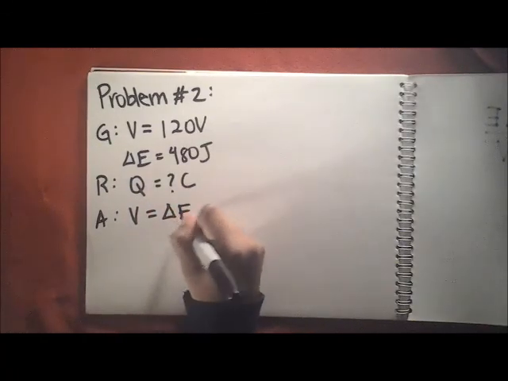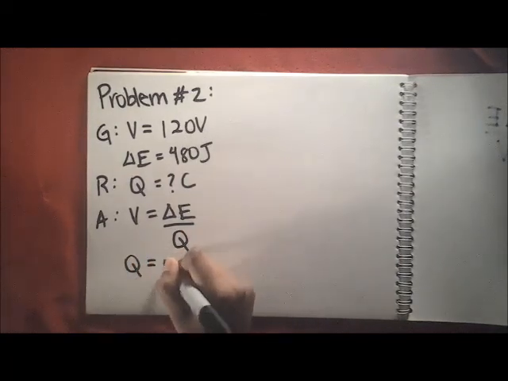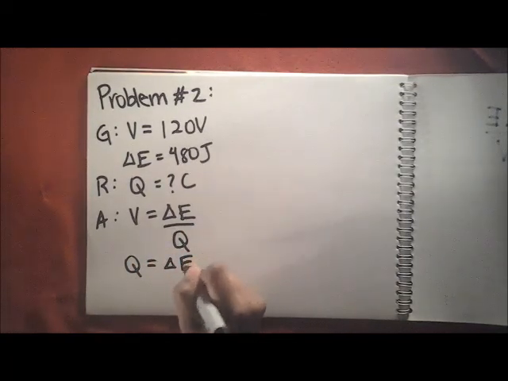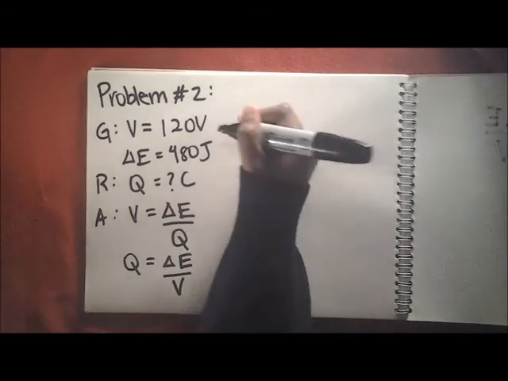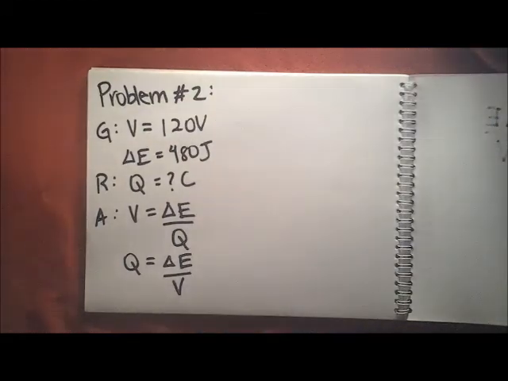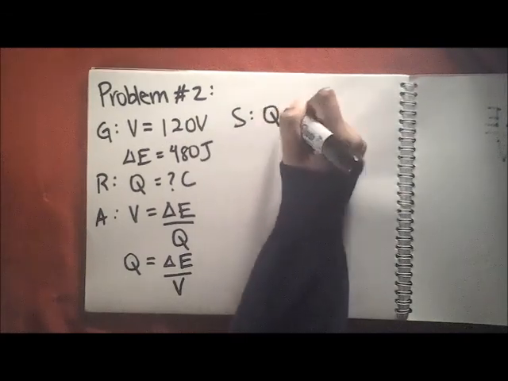Now we write down the original equation, which again is V equals delta E over Q, as well as our rearranged equation, which will help us solve for our unknown variable, Q. Next, we see if there are any units which need to be converted. In this simple problem, there are no conversions that are needed, so we will move on to the next step.